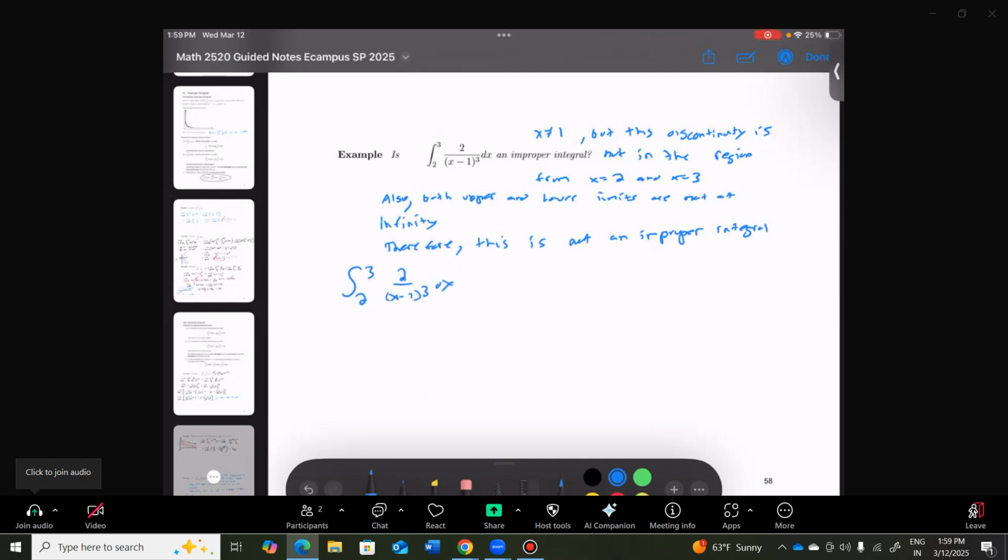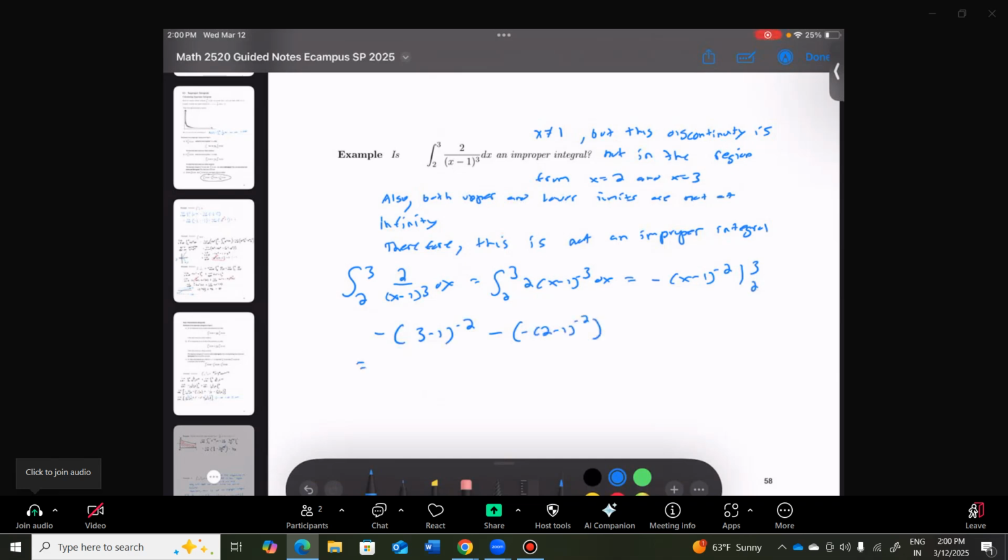Take the antiderivative. Oh, actually, let me rewrite this. Integral from 2 to 3 of 2 times (x minus 1) to the negative third dx. And we take the antiderivative, you get negative (x minus 1) to the negative 2, and evaluate this from 2 to 3. So we'll have negative (3 minus 1) to the negative 2, minus a negative (2 minus 1) to the negative 2.